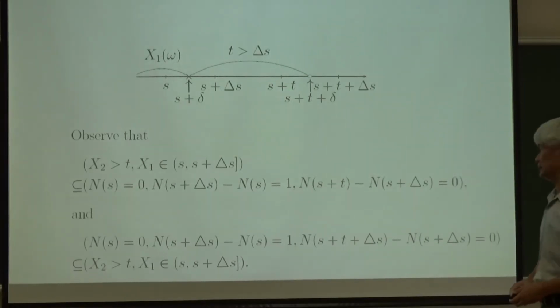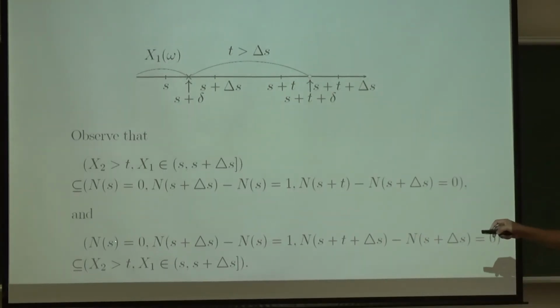Conversely, if we have, again, 0 up to here, there is 1 here, and in between S plus delta x up to S plus T plus delta x there is no arrival, then of course the second arrival time will be greater than T. Yeah, because when you wait up to this point, there is no arrival.